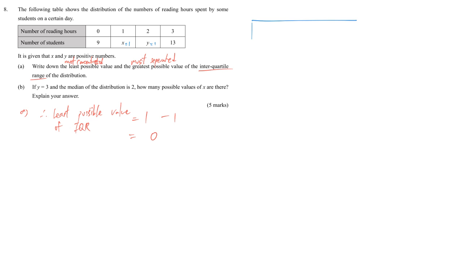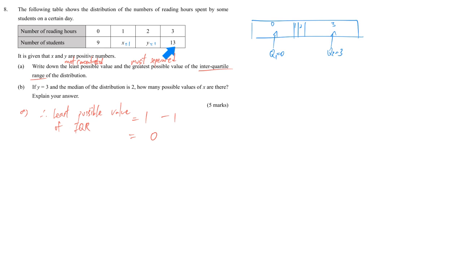If we use a bar to present it, in this case, 9 of them are 0, then we have a really small part which is 1, a really small part which is 2, and most of them are 3, which is 13 values. So in this case, obviously Q1 will be 0, and Q3 will be 3.